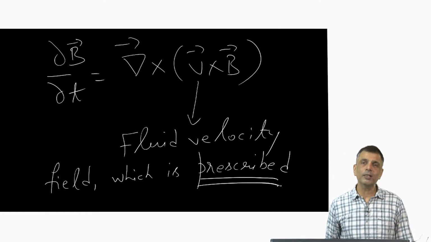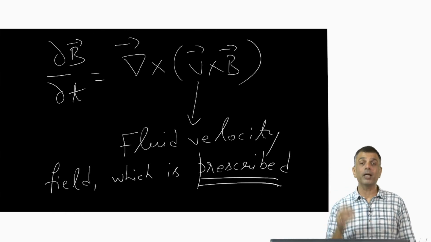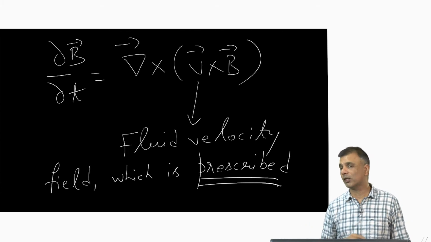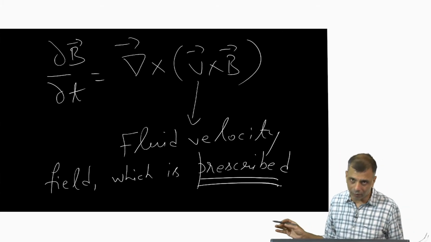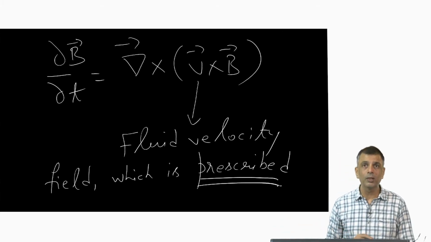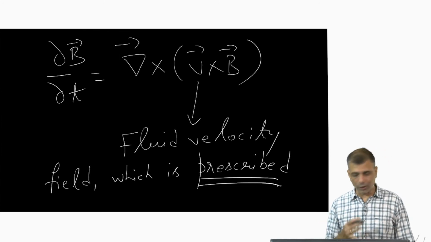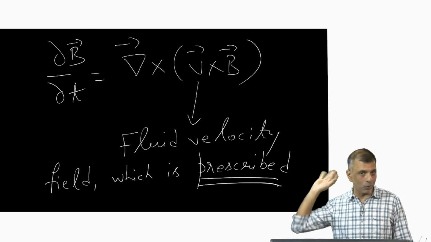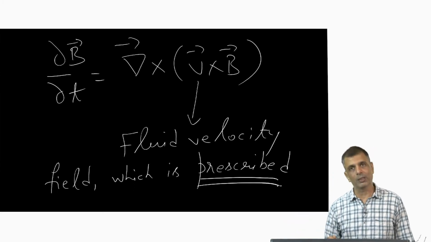Okay, now given a certain magnetic field that is embedded in this fluid velocity field, I don't want to know how the fluid velocity field came about. I don't want to solve for it, at least as of now. The simplest way of understanding this is to say that the fluid velocity field is just given to me by someone. Okay, so it's prescribed.